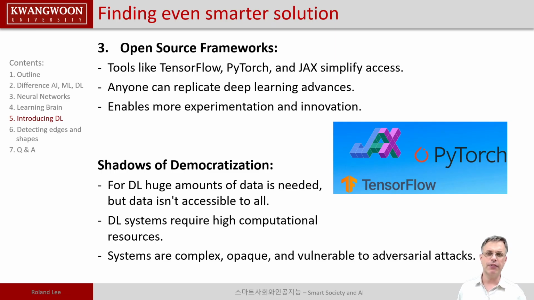Any neural network can be sensitive to adversarial attacks. So again, adversarial attacks are input manipulations devised to deceive the system into giving a wrong response. Here you see the adversarial attack.